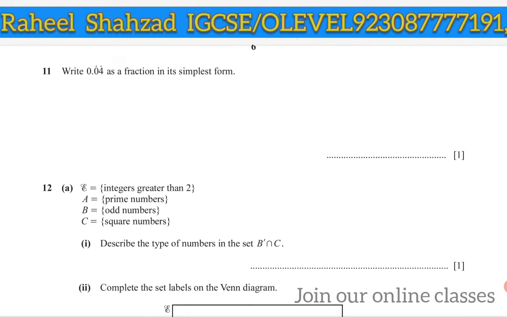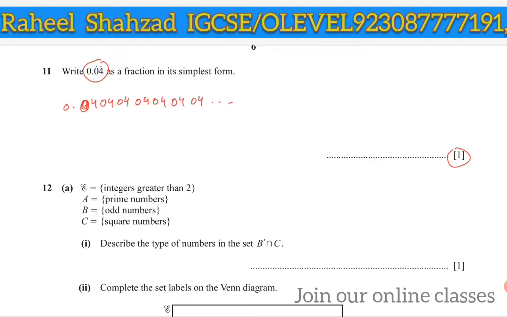Now you need to write 0.44 as a fraction in the simplest form. So it's a 1 mark question. What you should do is you should write 0.44. What do you mean by this? So 04 and so on.